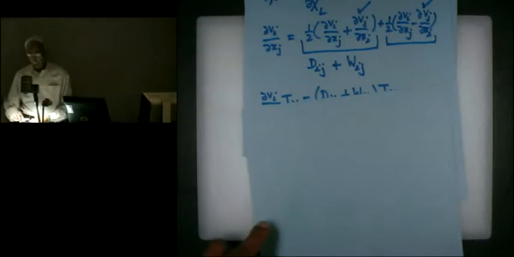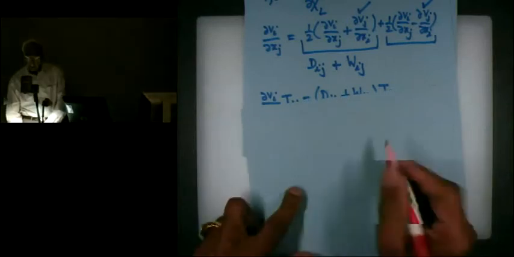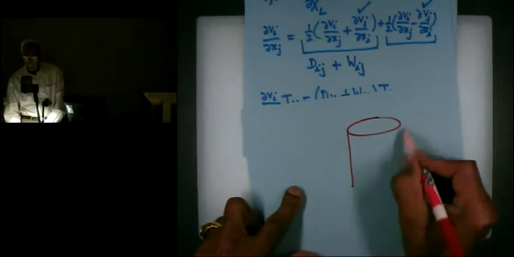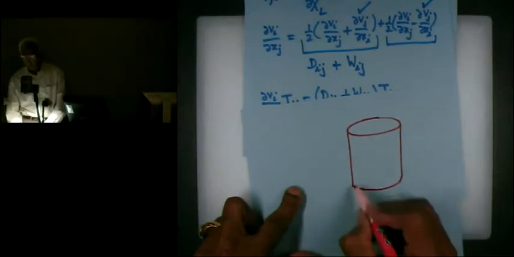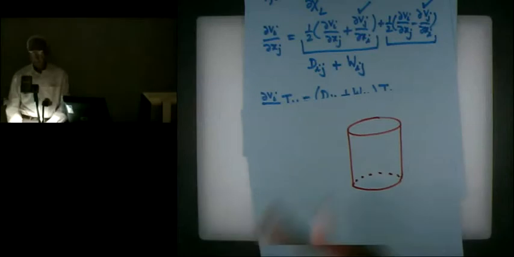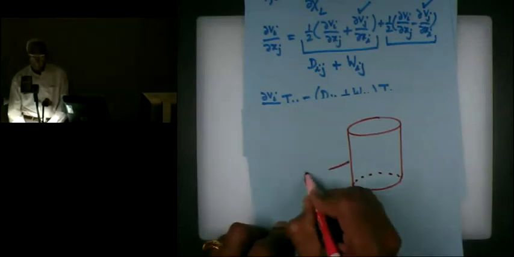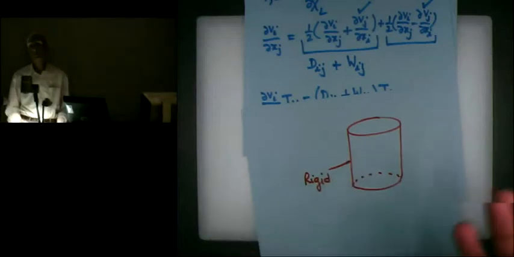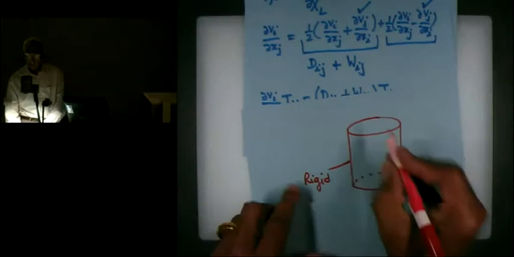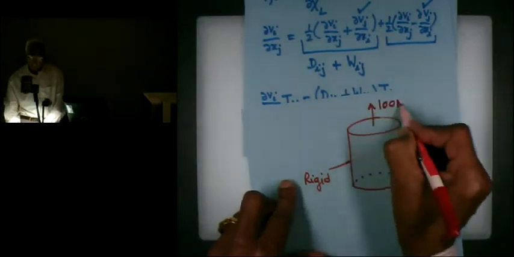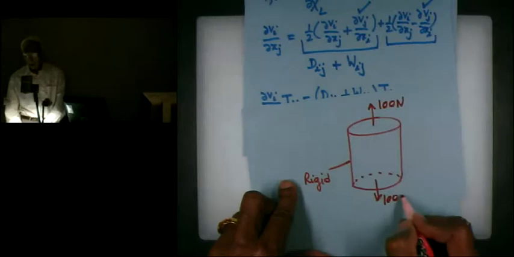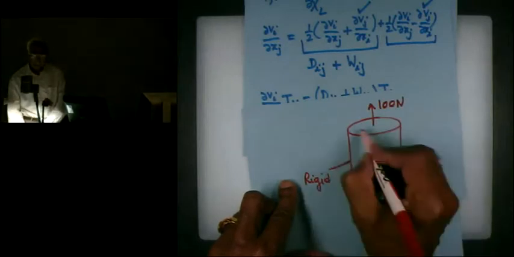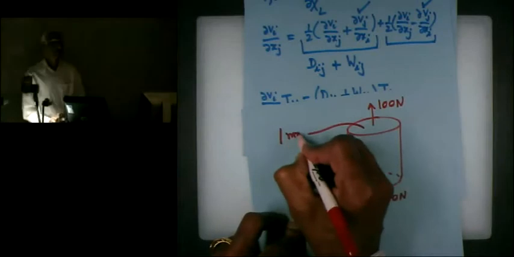To clarify myself, supposing I take this piece, this is a cylinder, and let's assume this is made of rigid body. Of course, as we know, there is no such thing as rigid body, but let's assume it's rigid. So I apply a 100 Newton force, and let's assume the area of cross section is 1 millimeter square. And the body is rigid.